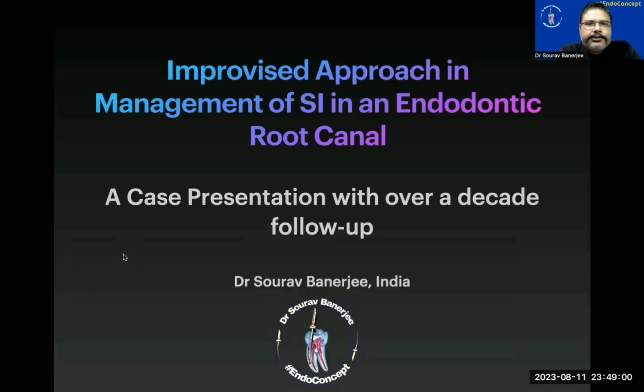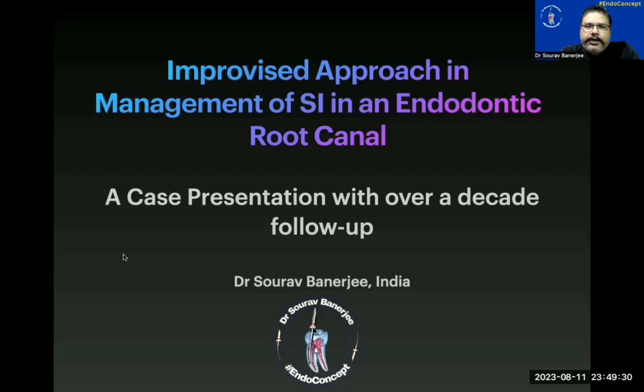I'll be sharing one of the cases which I performed a few years back, where I had to improvise during the treatment. I had to improvise on the technique, the patient positioning, and the positioning of the dental operating microscope, which was not usually performed.